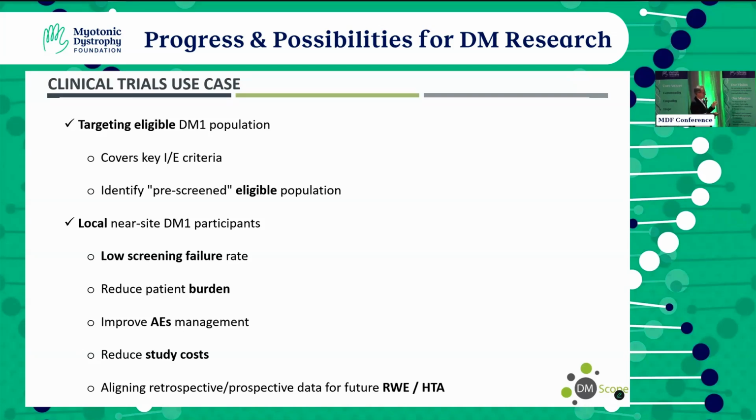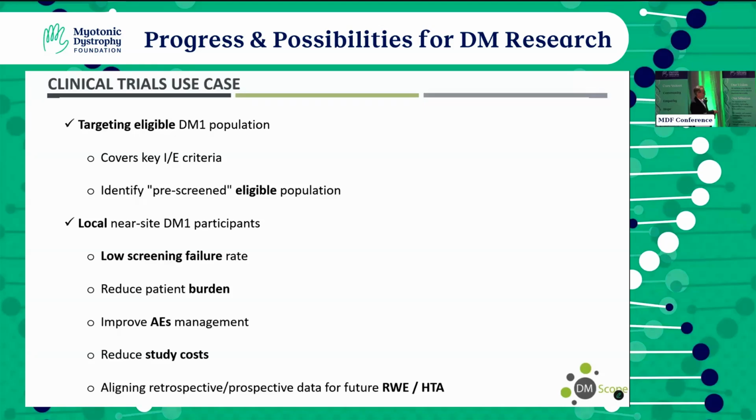We get some surprise. So this is something we do not control with the registry, but it is really identifying a kind of pre-screened population. This is very interesting. And the patients, they love this. They are close to the site. So it is, of course, reducing the cost, traveling, the burden of patients.